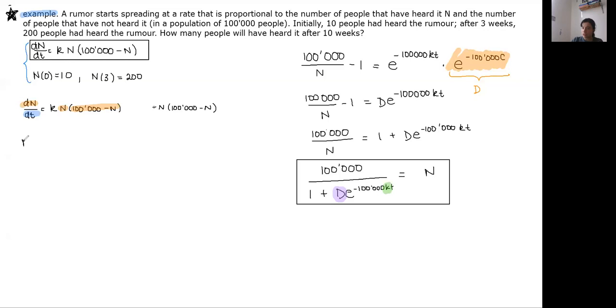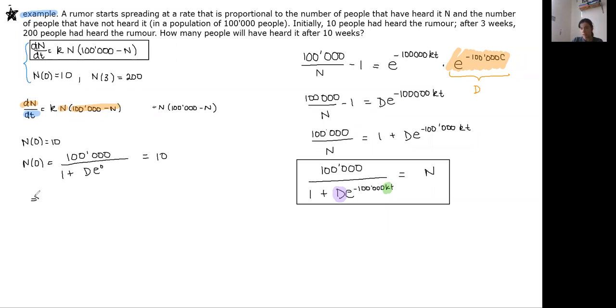So we're going to have the following. First, n of 0 is equal to 10, which means that n of 0, which is equal to 100,000 divided by 1 plus d times e to the 0, is equal to 10. Right?